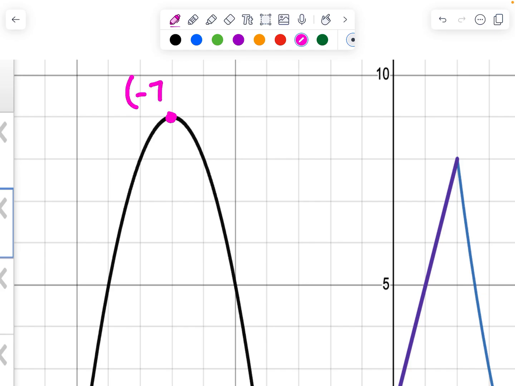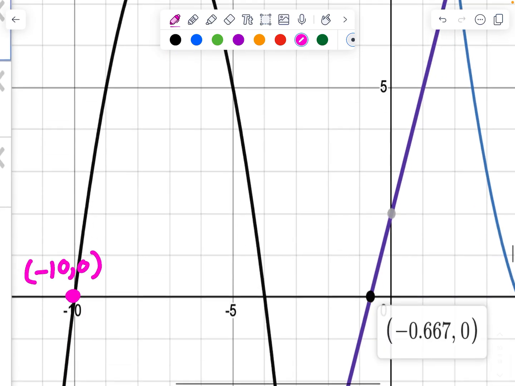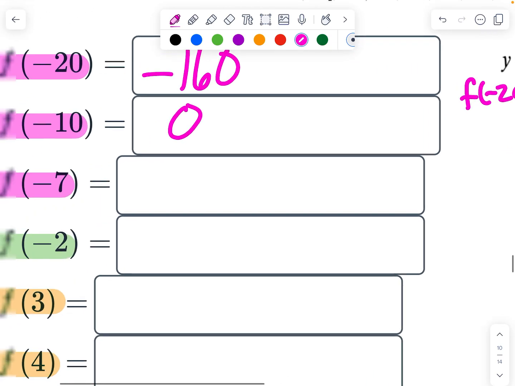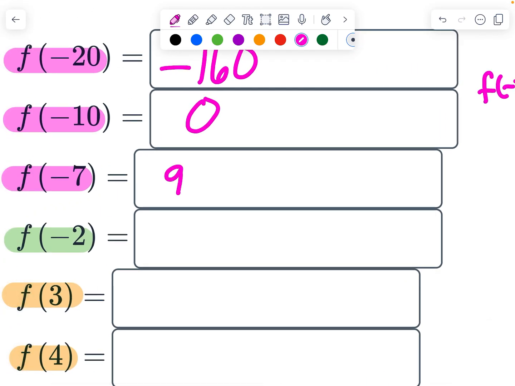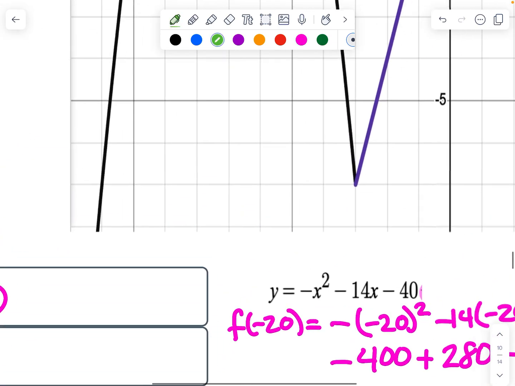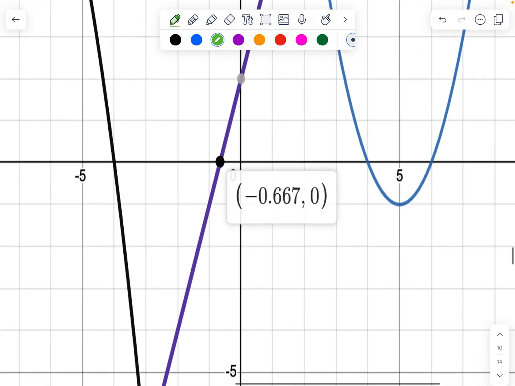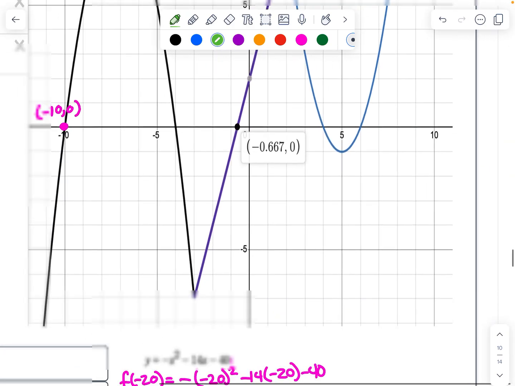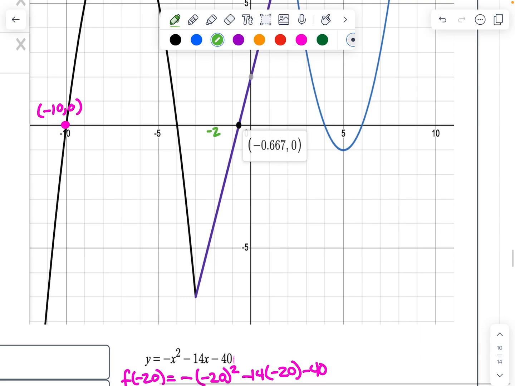So that is -7, 9. So this is a 9. -2 is our next victim. -2 is right here. So that would be down here, which is -1, -2, -3, -4.